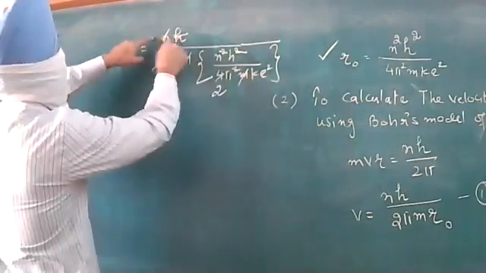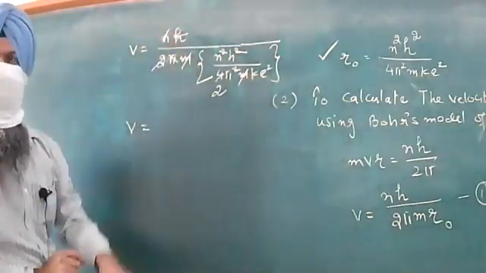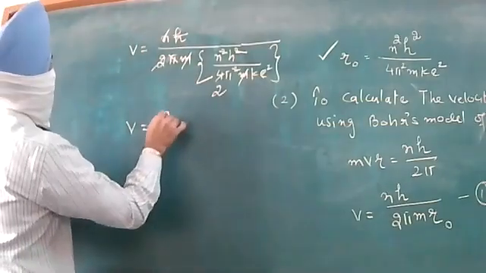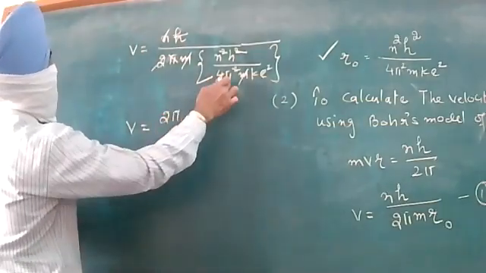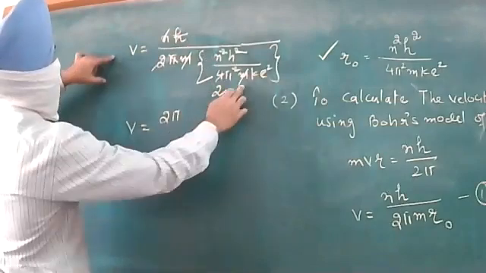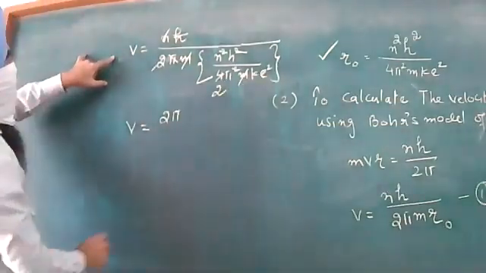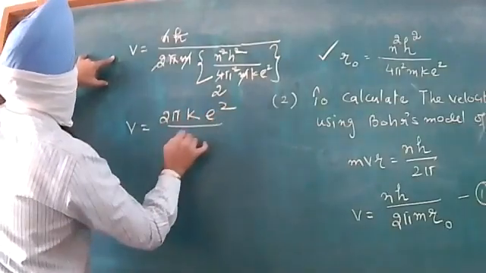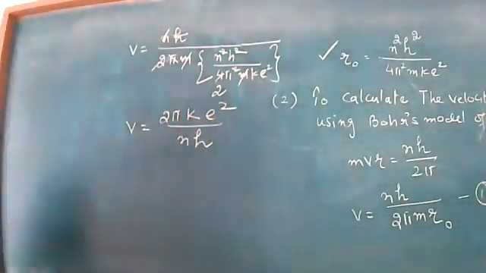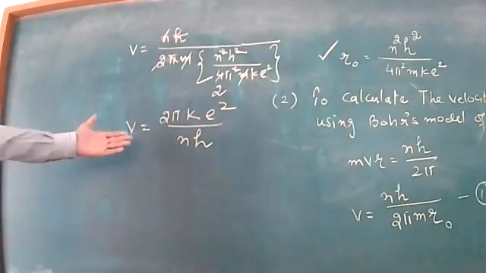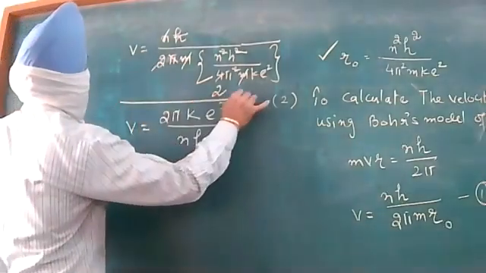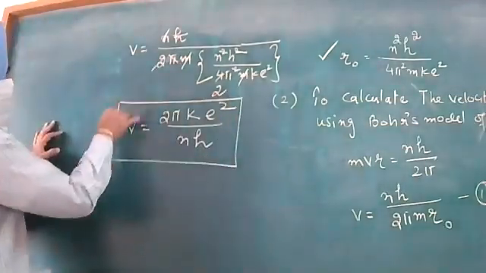This is the double power, 1 power completely cancelled out. So dear students, we will be left with 2 pi, m is gone, and furthermore, this is equal to k e square divided by n h. So this is the expression for the velocity of the electron in the orbit of an atom.